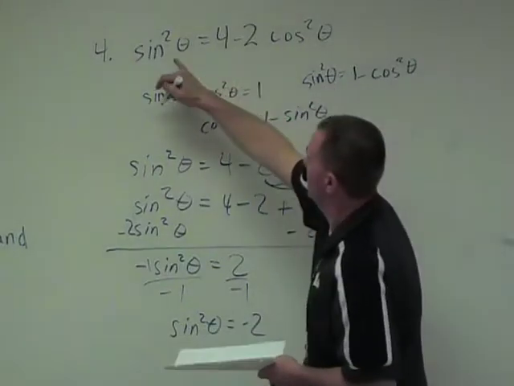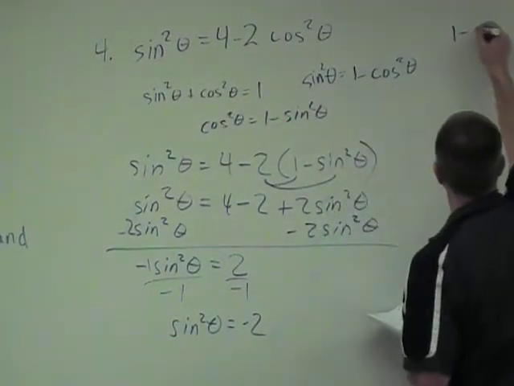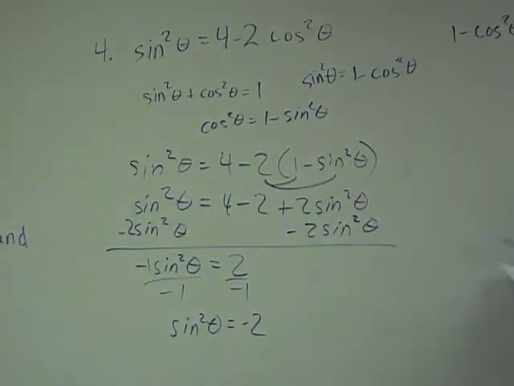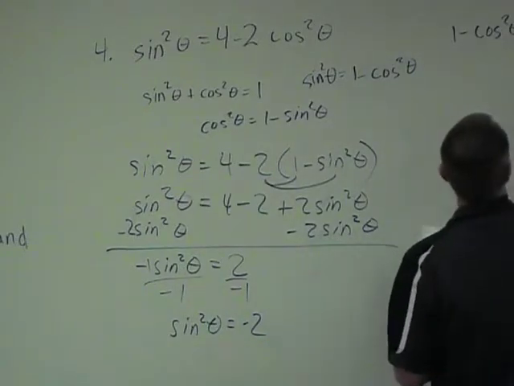So instead of sine squared of theta, I'm going to put 1 minus cosine squared of theta on the left. Good so far? Okay.